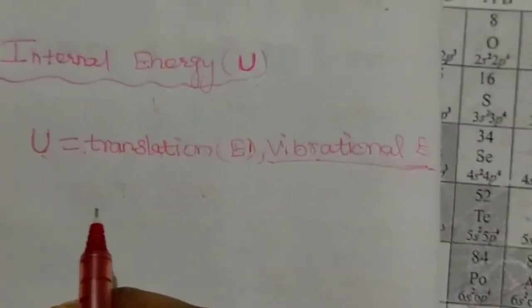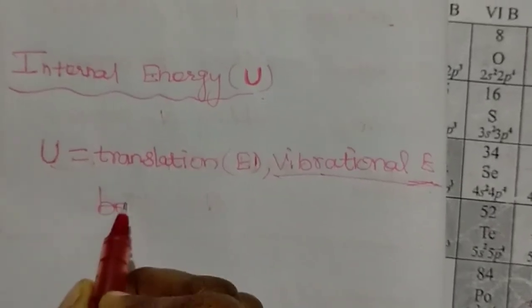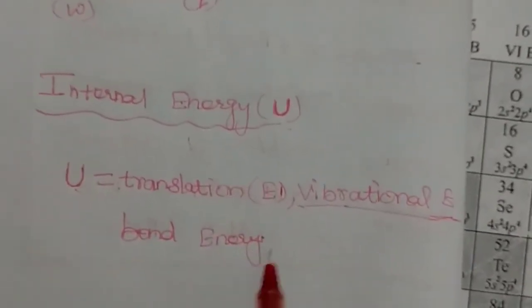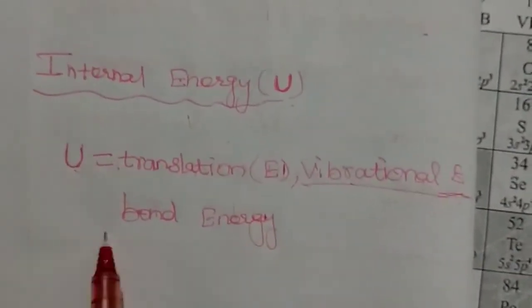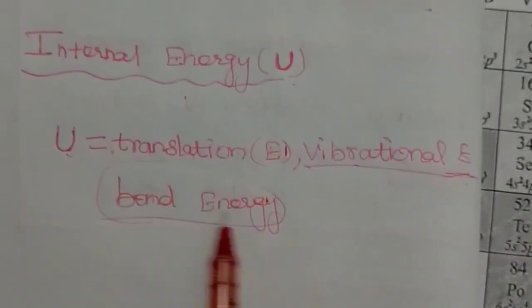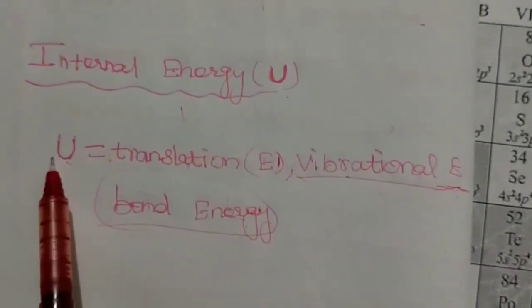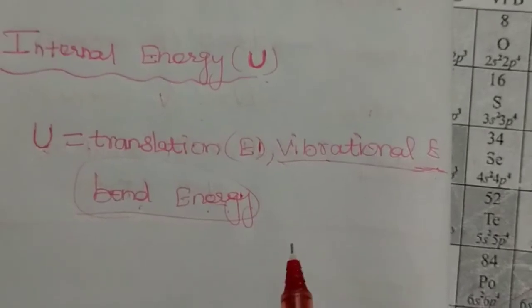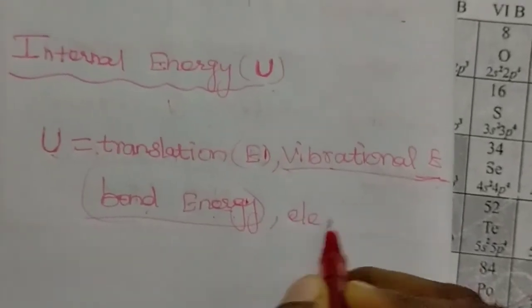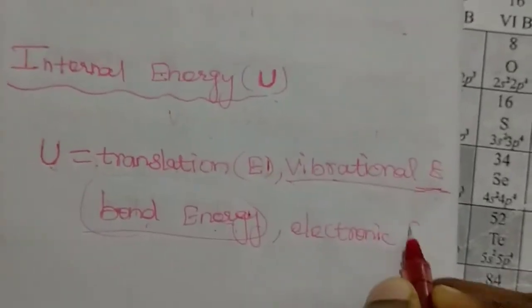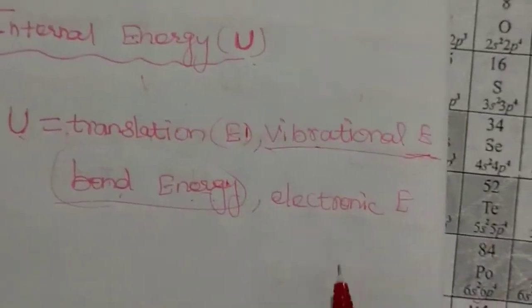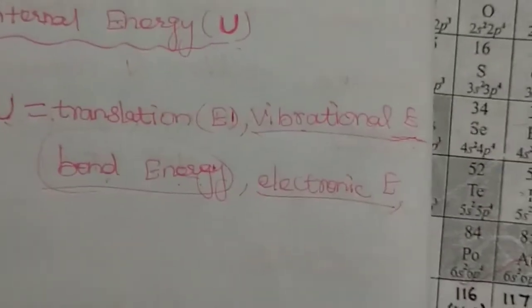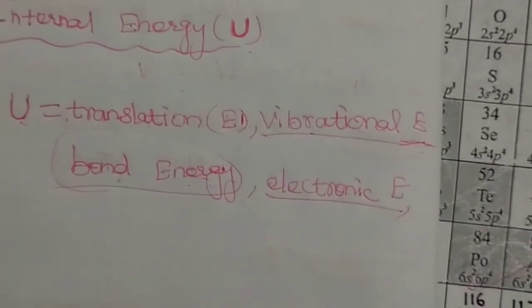The next one, bond energy. The energy used in the bond, the energy of that bond, is also considered under internal energy. And the next energy is electronic energy. Electronic energy is present in the particles of that atom or molecule. And the next energy, the molecular interaction energy.